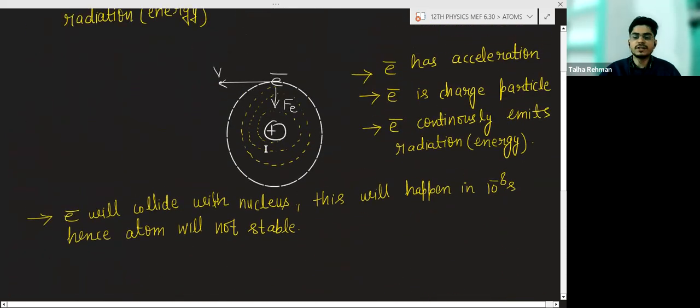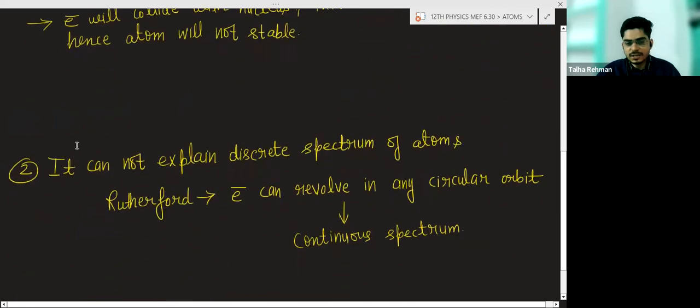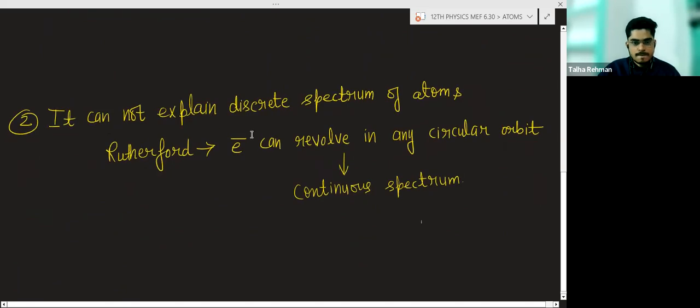What Rutherford said is that the electron can revolve in any circular orbit, and due to that there will be a continuous spectrum. We will discuss the spectrum, the absorption spectrum and all that in the next class. So this was the second drawback.